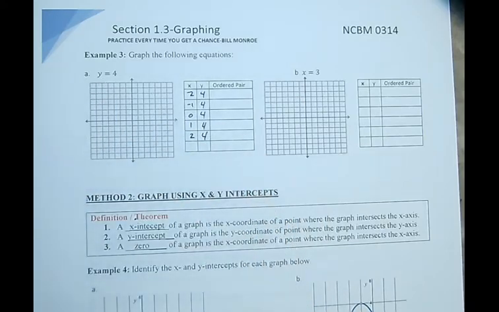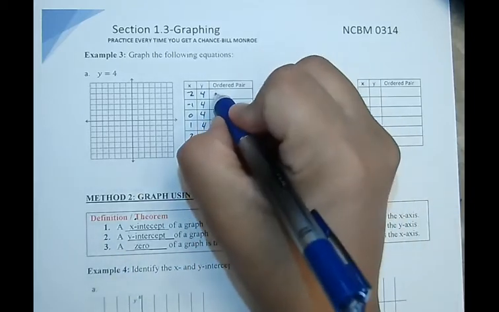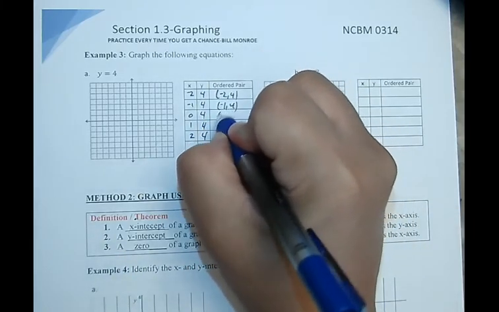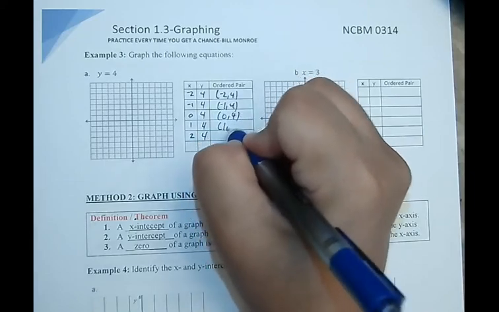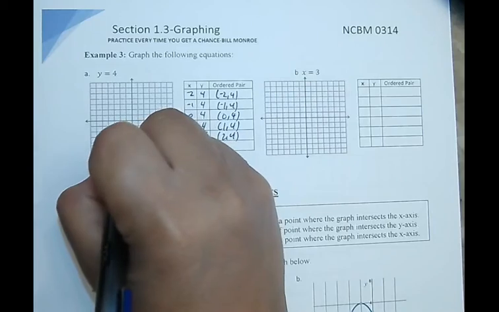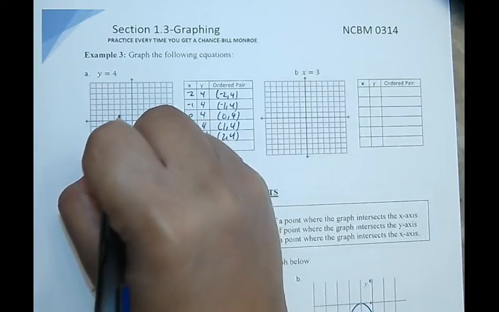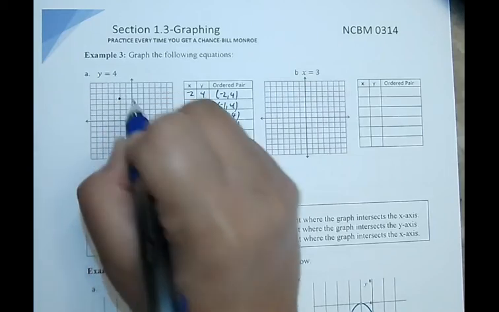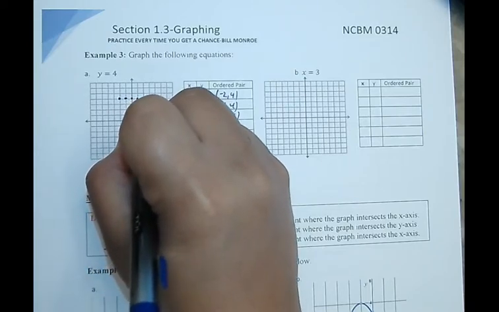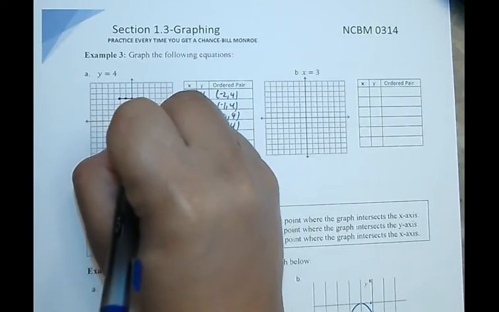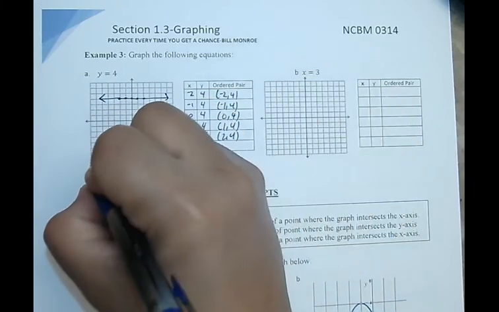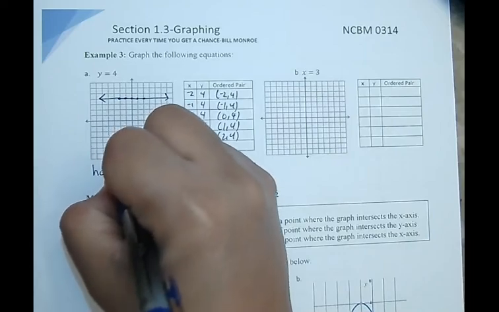So my ordered pairs are negative 2 and 4, negative 1 and 4, 0 and 4, 1 and 4, and 2 and 4. If we plot these points, then we get this horizontal line at y equals 4. Okay, so this is a horizontal line.